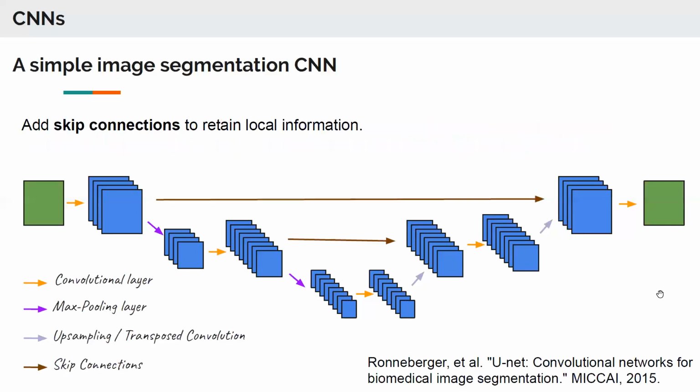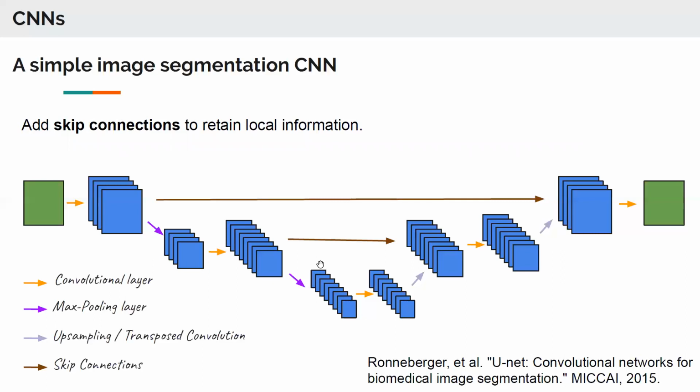And how we take care of the other problem, which is to look at local regions, is by adding what are called skip connections. This was introduced in this paper here, which is one of the most cited papers in medical image analysis in the last few years. It's a very neat idea actually.